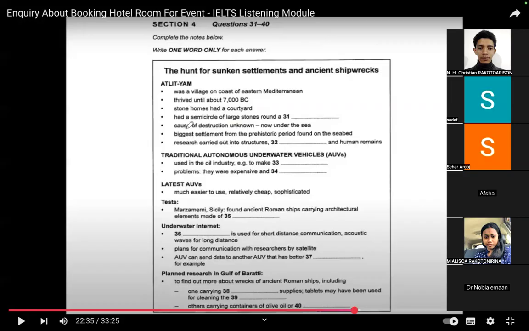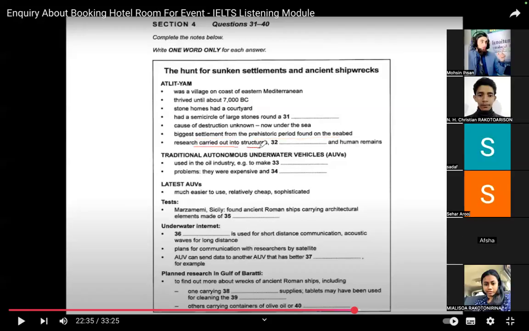Okay, next is cause of destruction unknown, now under the sea. Biggest settlement from the prehistoric period found on the seabed. Researchers carry out research into structures, blank shapes, and human remains.